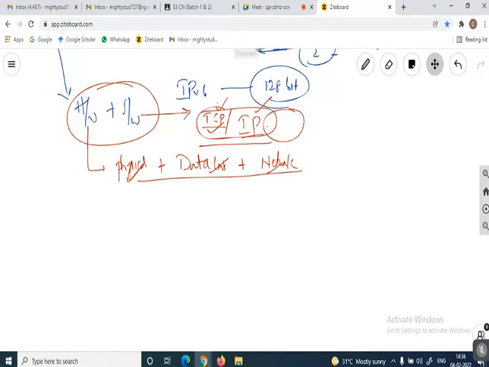Before going to the IP logical addressing, what we are going to see is how, in the network layer with the help of the internet protocol, we represent that address.